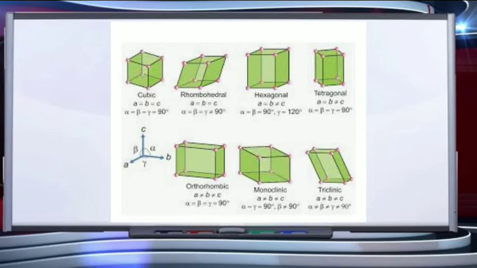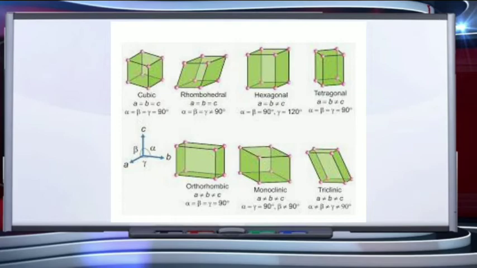Further, primitive unit cells are of 7 types: cubic, tetragonal, orthorhombic, hexagonal, rhombohedral or trigonal, monoclinic and triclinic, each with possible variations of edge lengths and axial angles.